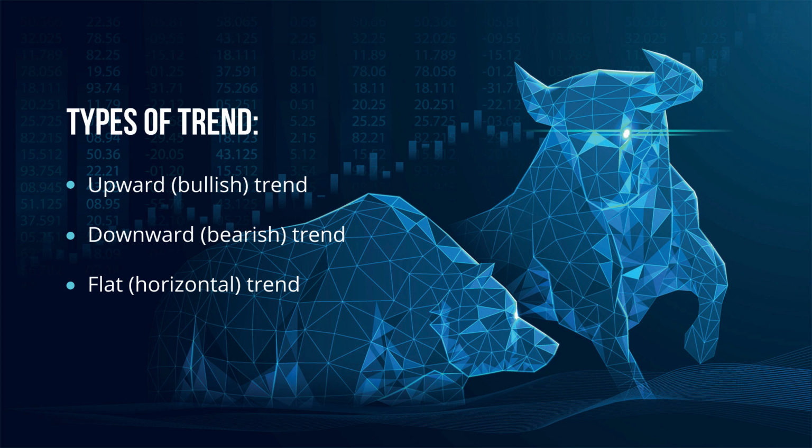Now let me explain to you why upward trend is called bullish and downward trend is called bearish. They are called accordingly to the animals, bull and bear. So if a bull decides to attack his victim, he will be using his horns, right, to throw the victim in the air, basically upwards. That's why the trend is called upward as well.